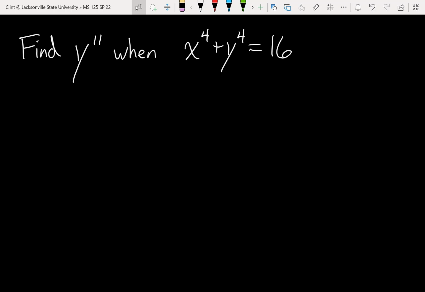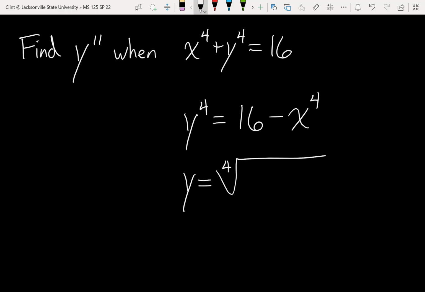Well, so let's think about that. We would have y to the fourth equals 16 minus x to the fourth. And then we would have to take the fourth root there. Oh, plus or minus, I forgot plus or minus.